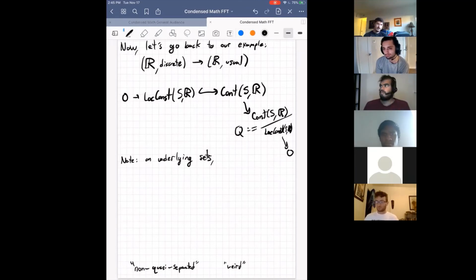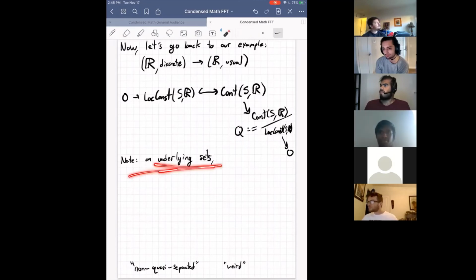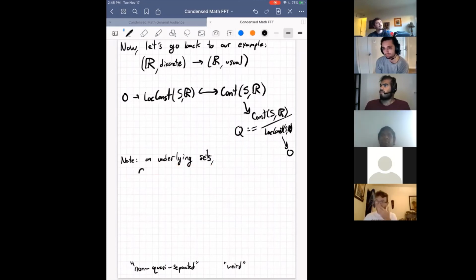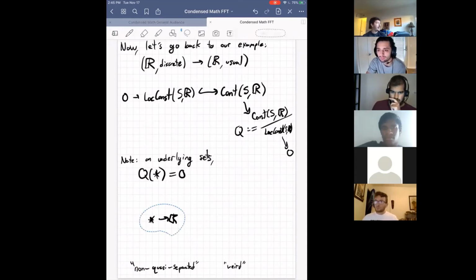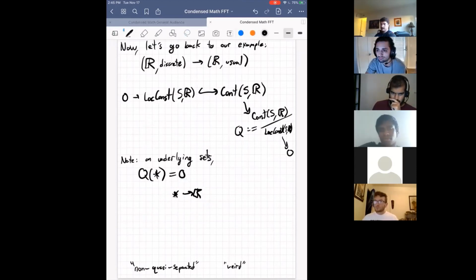And the thing that I want to point out is that on the underlying sets, the underlying set of Q is 0. Why? Because the underlying set, the set of maps from a point, and the locally constant maps from a point to R are actually the same as continuous maps.